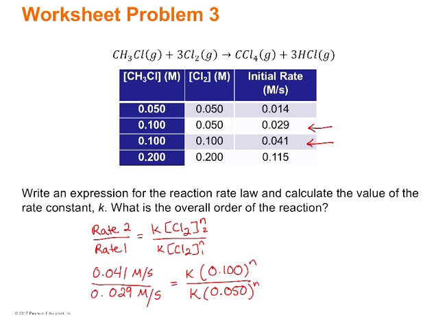All right, so the ratio of the rates, let's see, so that ends up being 2.07. Let me just double check. Oh no, sorry, that's 1.4. Looking at the wrong notes there. And then we'll set that equal to, let's see, what's 0.1 over 0.05?